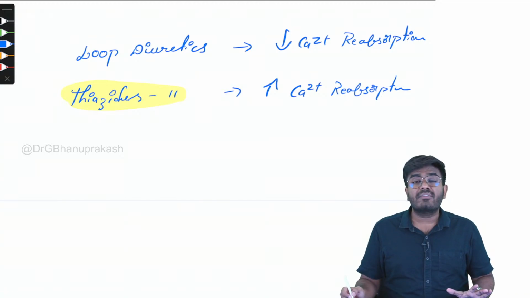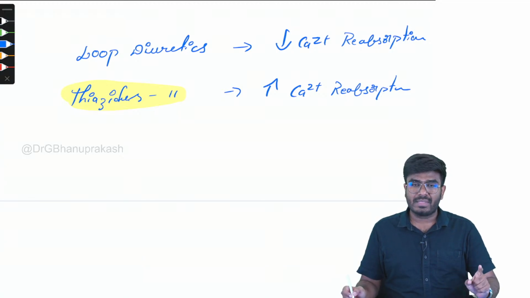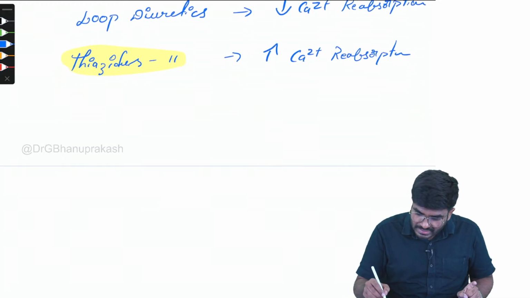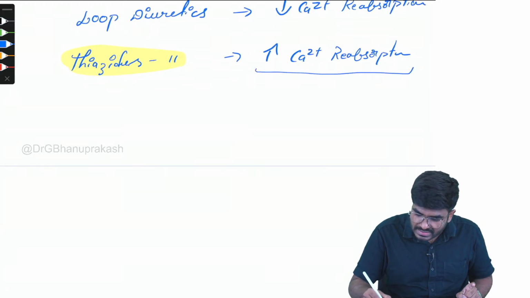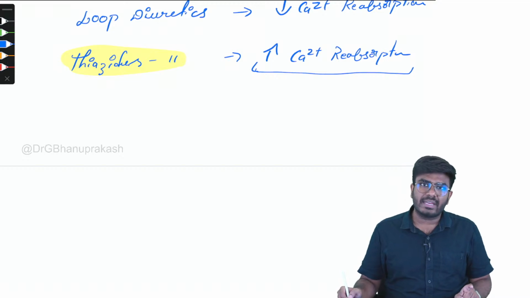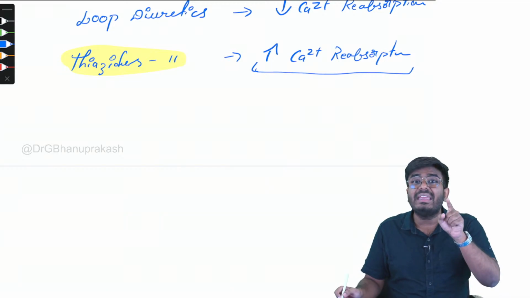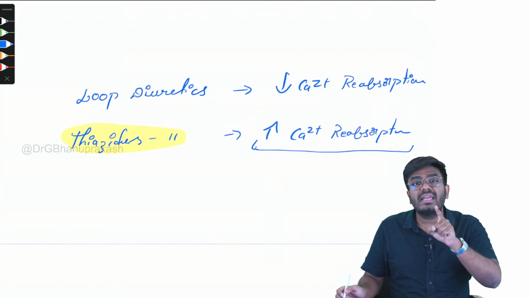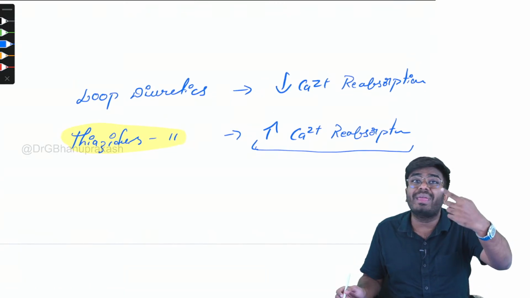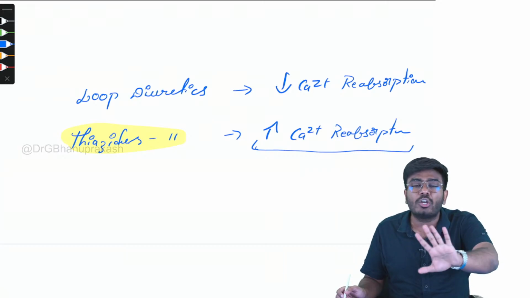If a person is suffering with nephrolithiasis, I can use drugs like thiazide diuretics. Why? Because thiazide diuretics decrease the calcium excretion. Calcium is not going into the urine.